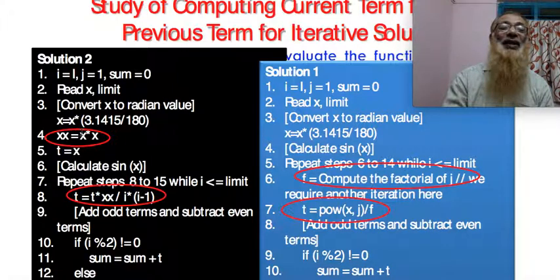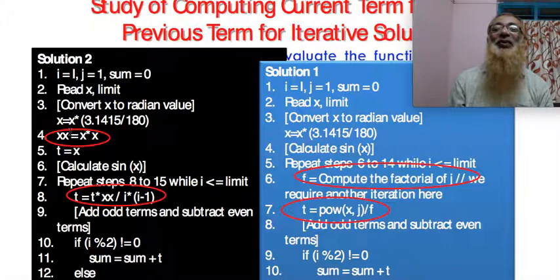The value of x into x doesn't change for a given term. Hence, this term x into x is calculated outside the loop and is kept in a different variable xx. We save that many multiplications.